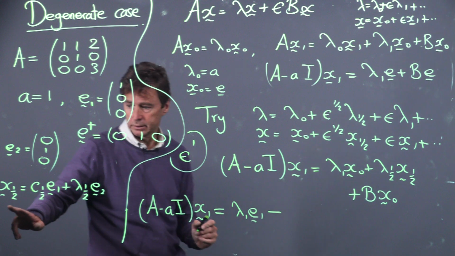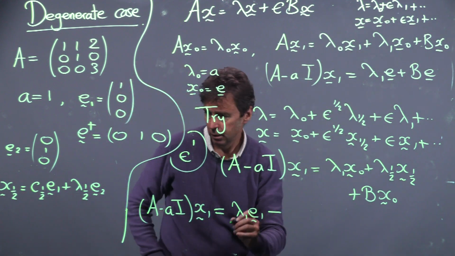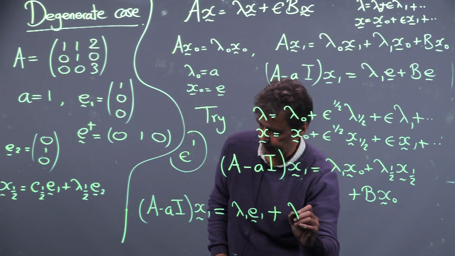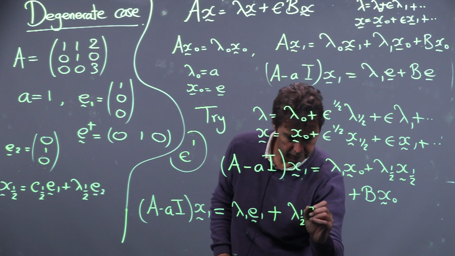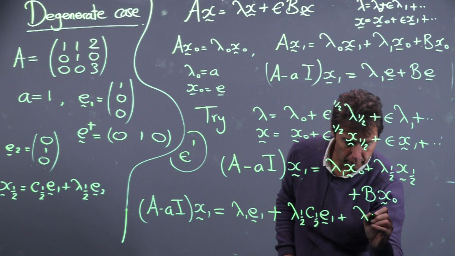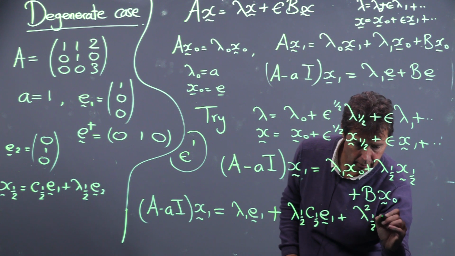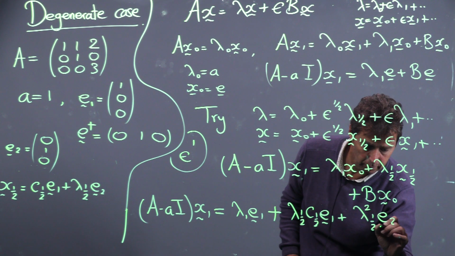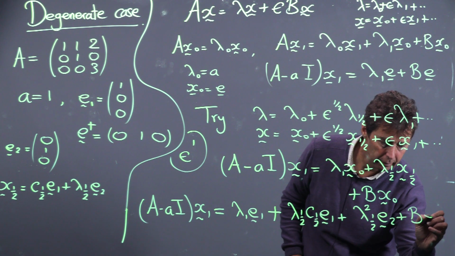Now I've got, this is x1/2, so let's put that in. So it's plus, so it's lambda 1/2 C1/2 E1 plus lambda 1/2 squared times E2 plus B E1.